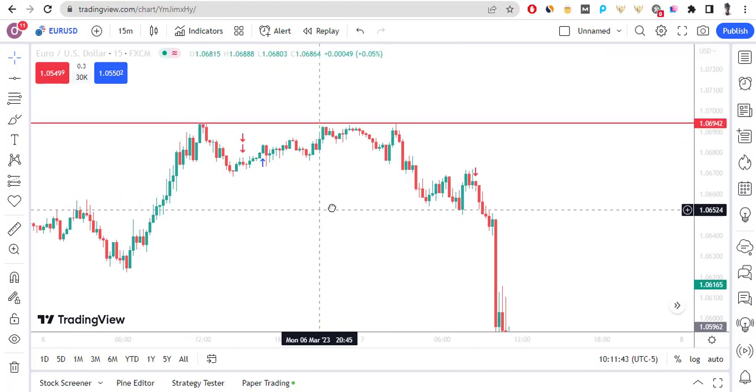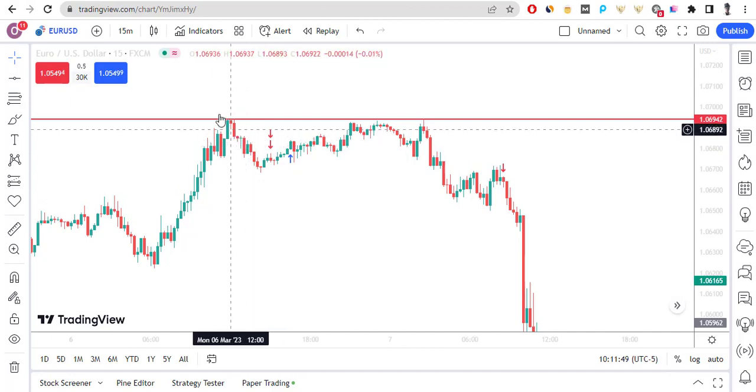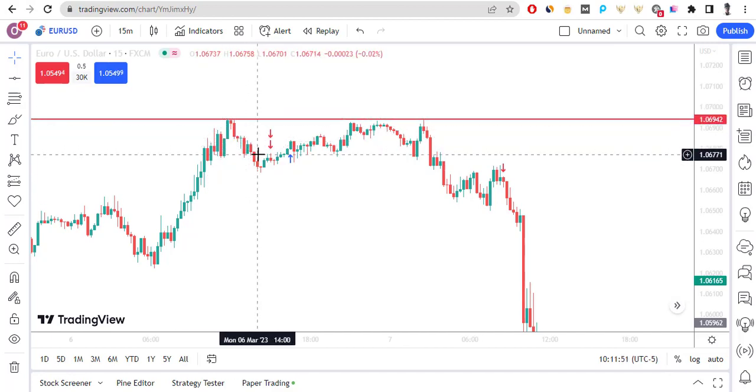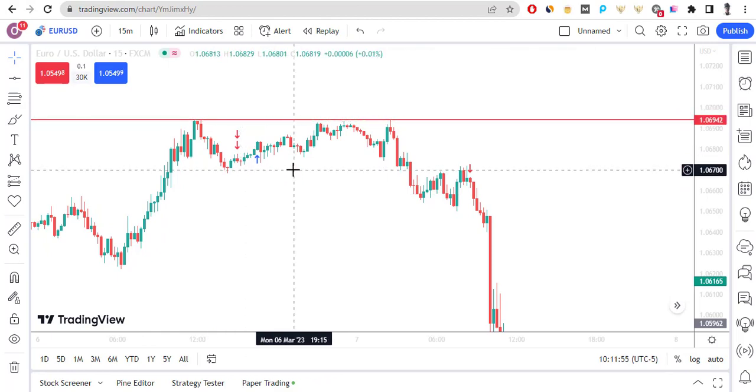This is resistance. Like support, it can be a level or a zone. So this is a level.